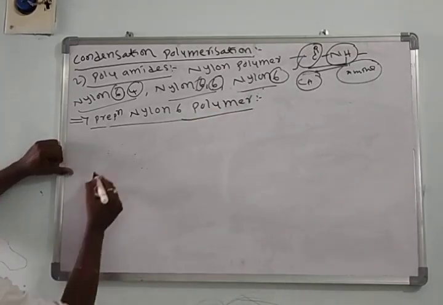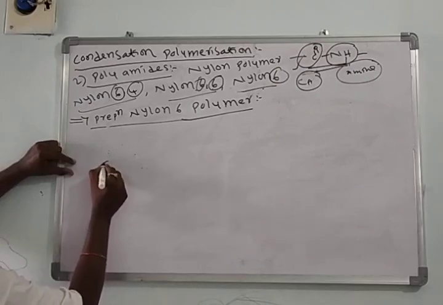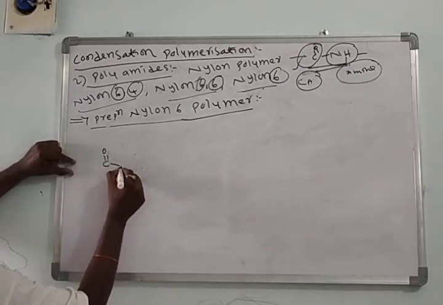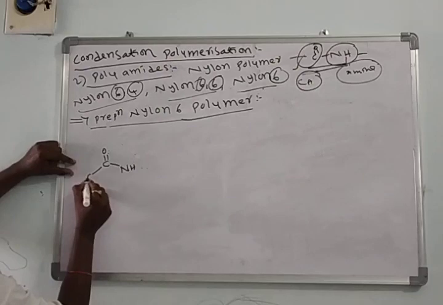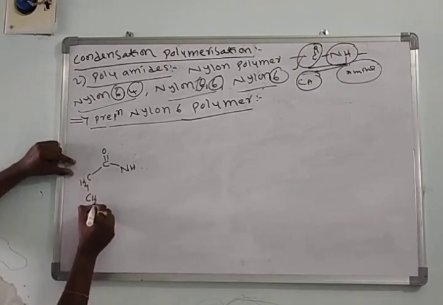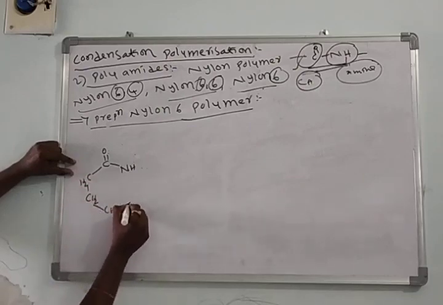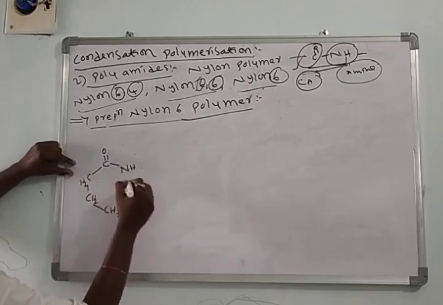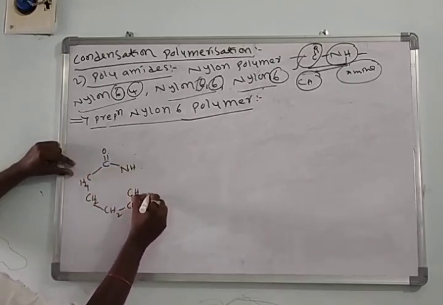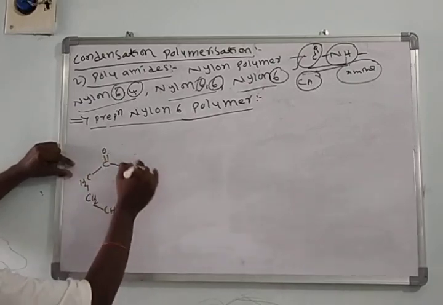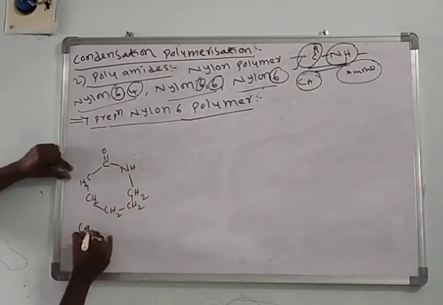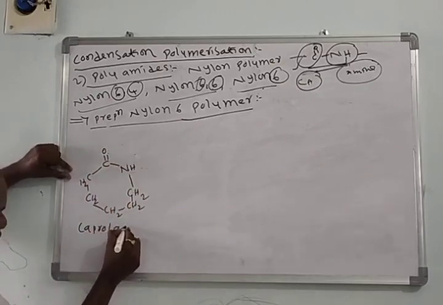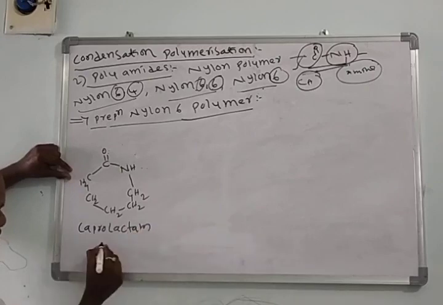What is the monomer here? Caprolactam. I am taking caprolactam: C double bond O, NH, and here CH2, CH2, CH2, CH2. How many carbons? Total 5. This is the caprolactam, the monomer here.